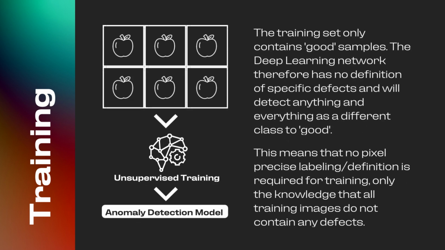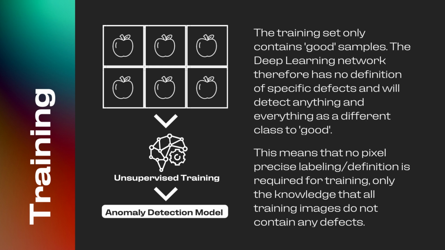Okay, a little bit more on the training. As we've already mentioned, the training set contains only good samples. The deep learning network therefore has no specific defects, and it will detect anything that is anything other than good. It means that no pixel precise labeling or definition is required. Now that's a key thing.